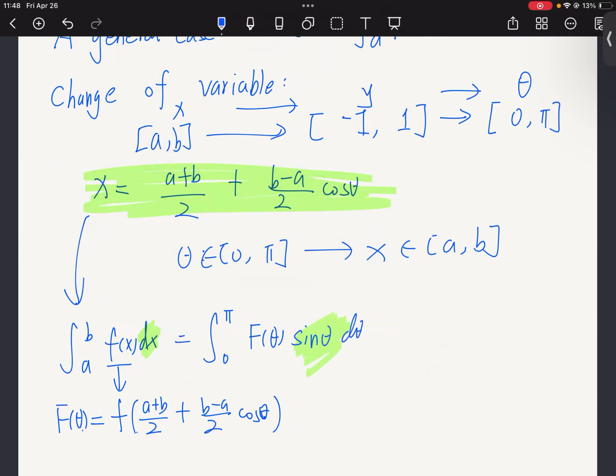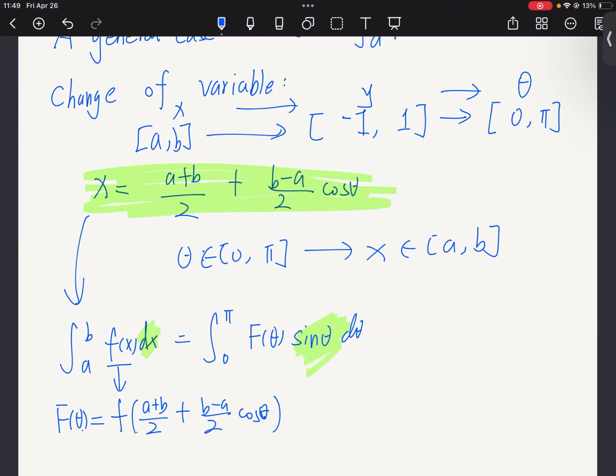I also changed the sign here, the 0 and pi. Originally, the a corresponds to pi, and b corresponds to 0. The derivative of this one should be negative sine theta, but I combine the negative sign and flip the integration limits here. And this is how I change this one to this one.